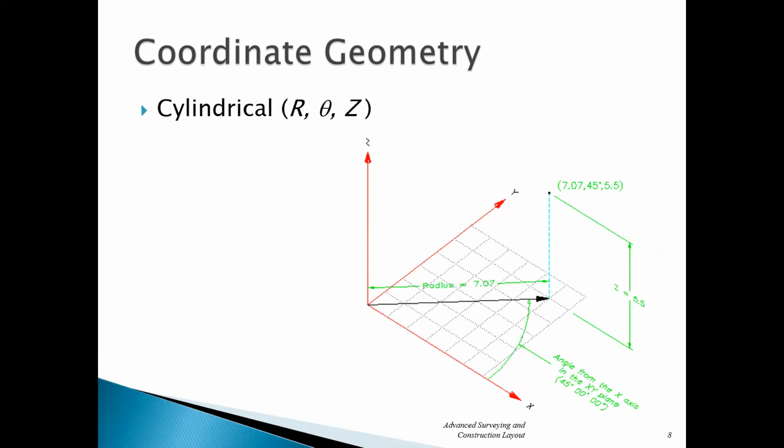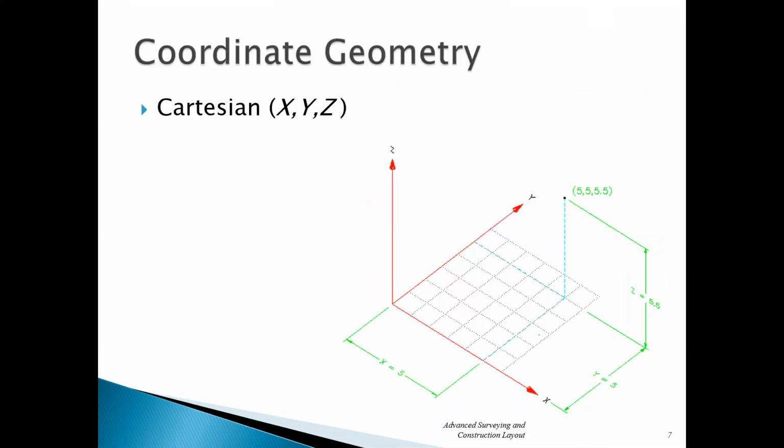Now, you don't see too many cylindrical coordinates given out in the field, either because of the way your instrument works or whatever you're doing. You're really using this kind of coordinate most of the time out there.